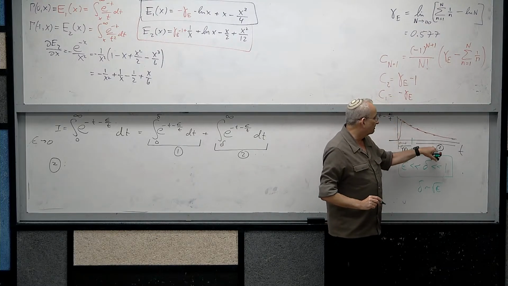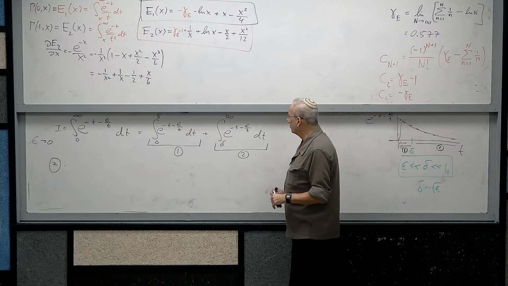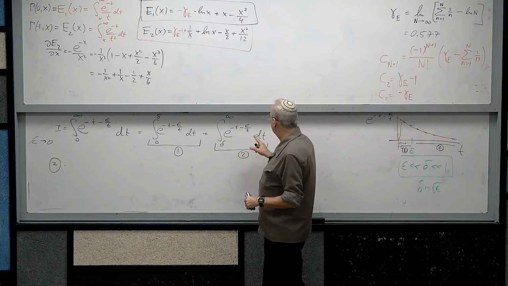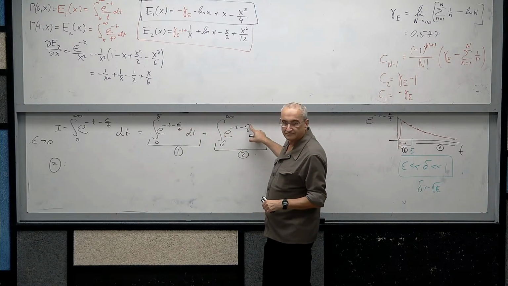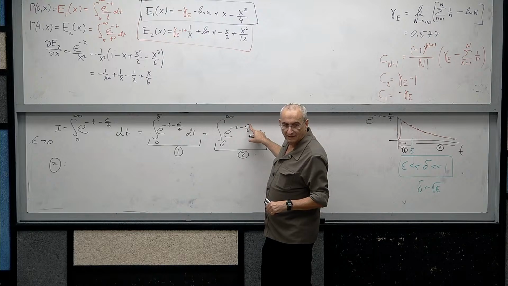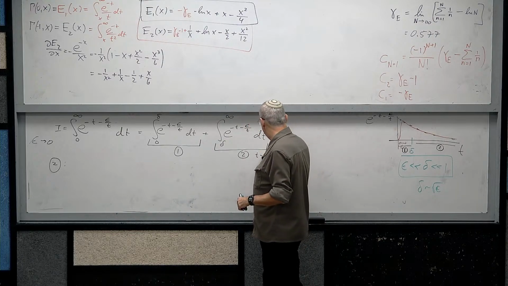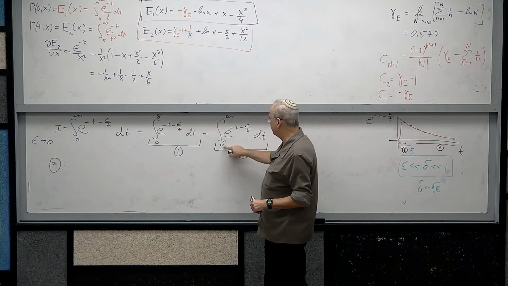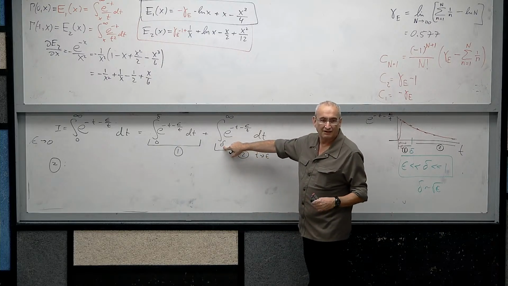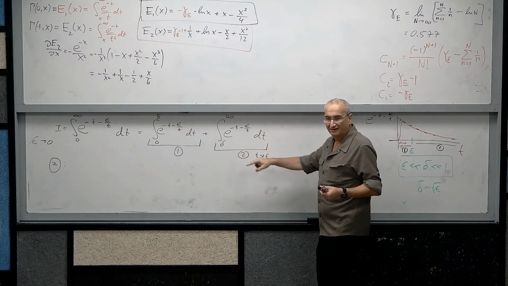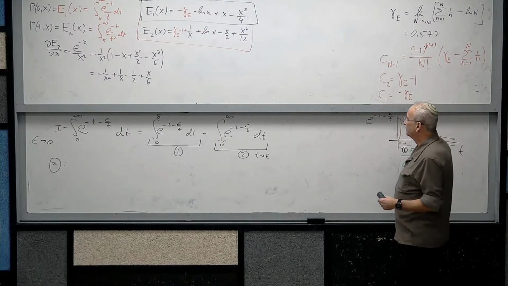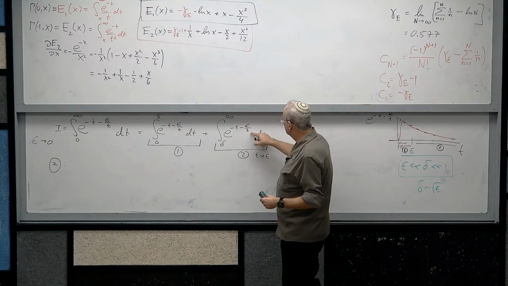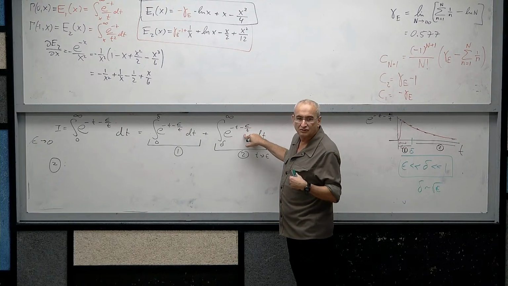Okay? So in the regime of integral number 2, t is much larger than epsilon. Right? In this regime, t is much larger than epsilon by definition, because t starts with delta, the lower bound, and delta is much larger than epsilon. Okay? So this term, e to the minus epsilon over t, is e to the minus schmutz.